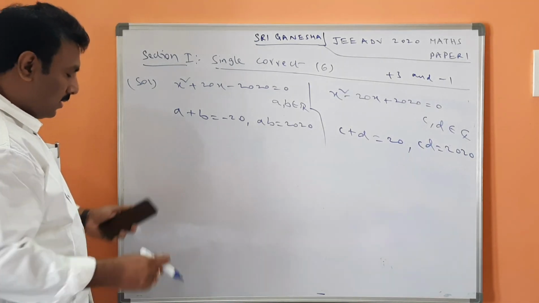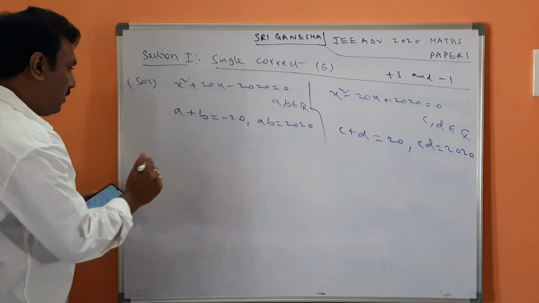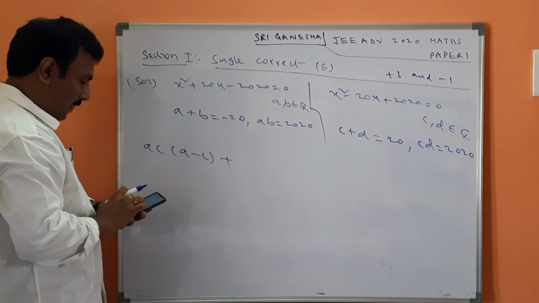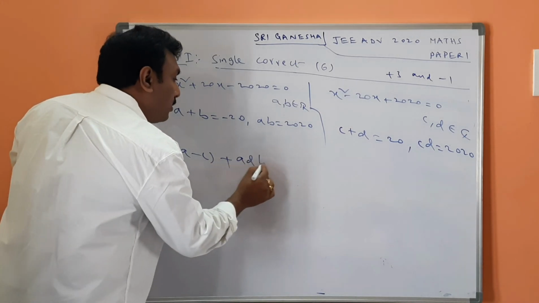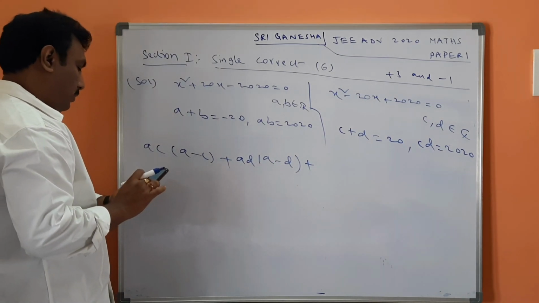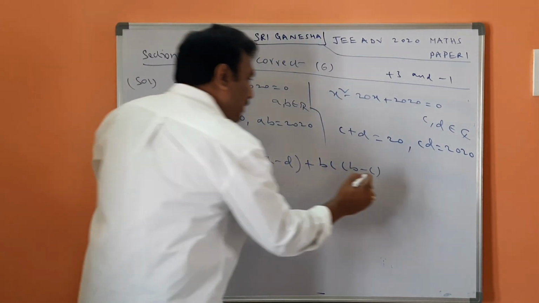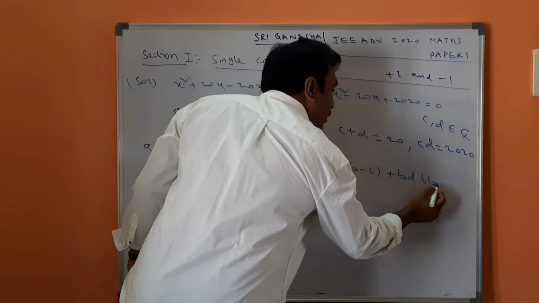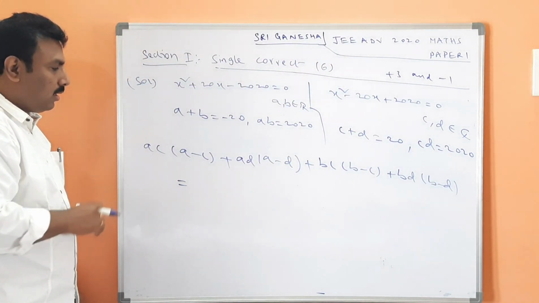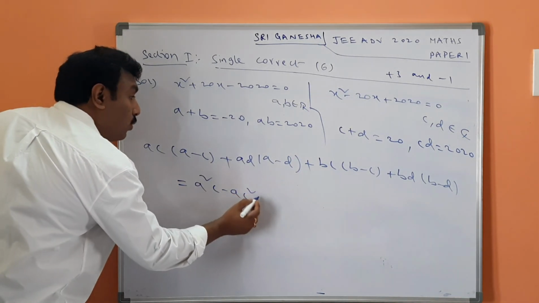Now the expression is: ac(a minus c) plus ad(a minus d) plus bc(b minus c) plus bd(b minus d) is equal to, now just multiply, a square c minus ac square.